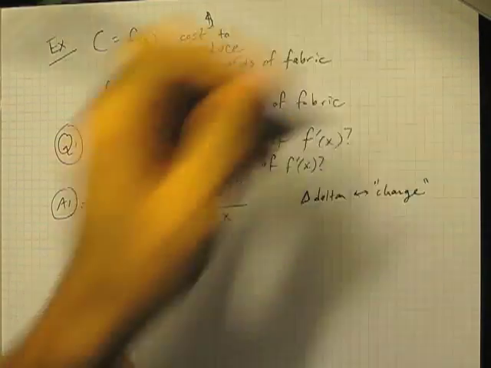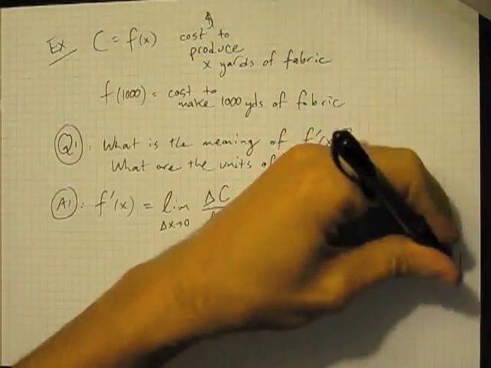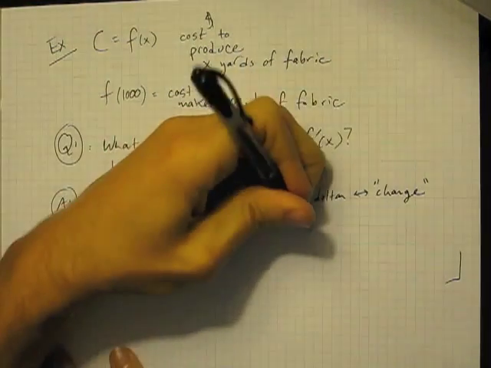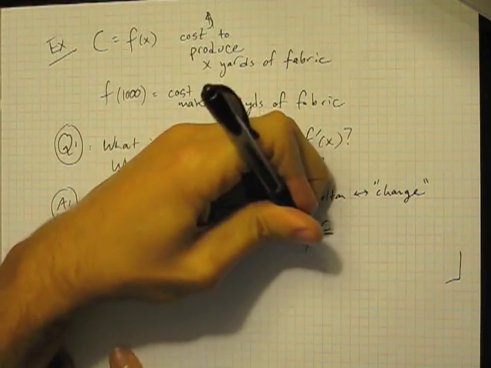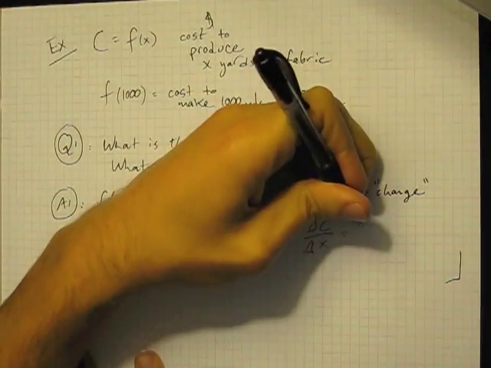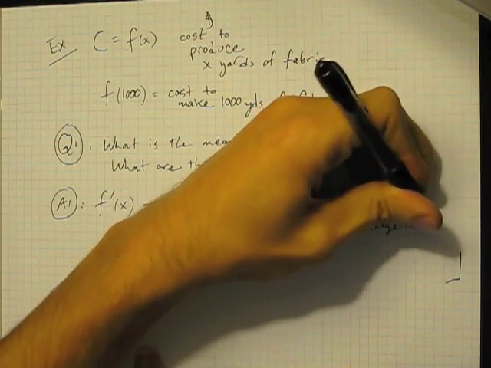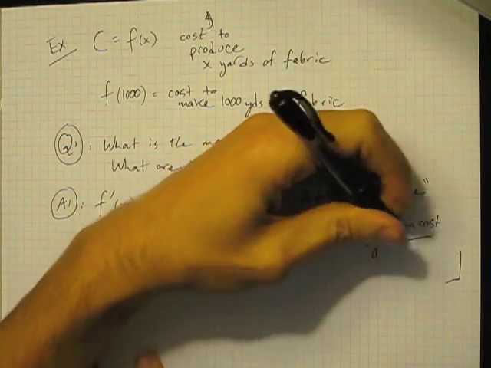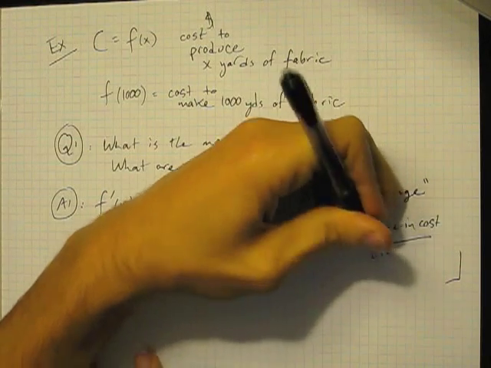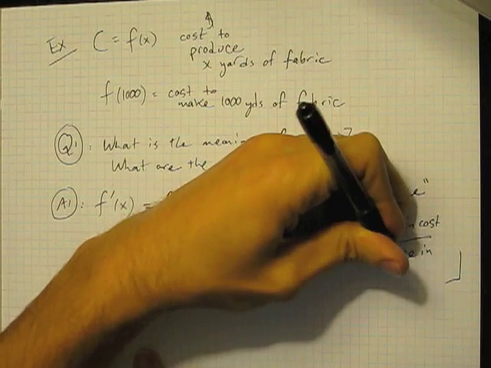So when you see this, you should see change. This is all on the side, by the way. This is lecture material. So delta c over delta x. This expression means the change in the cost over the change in the amount of fabric.